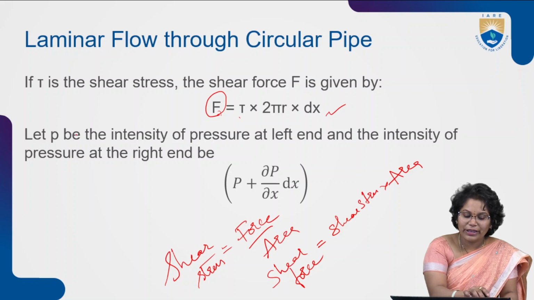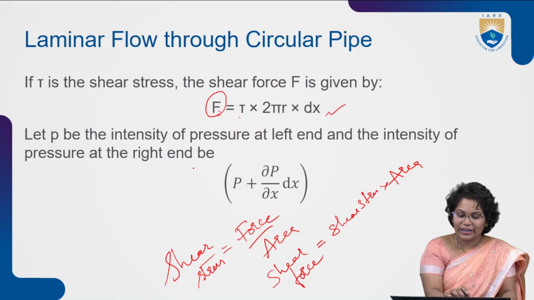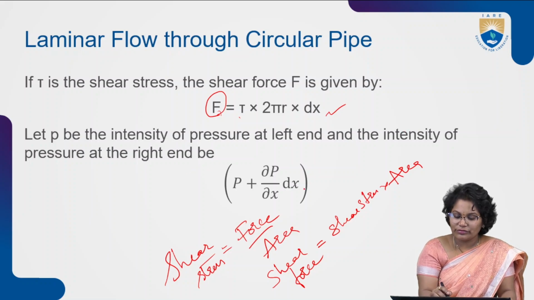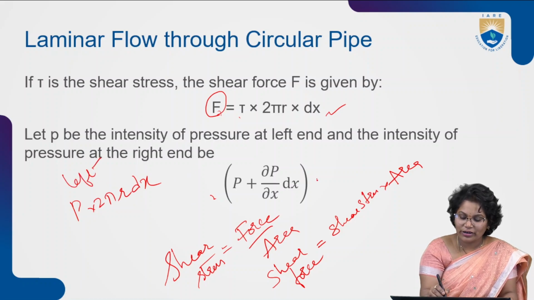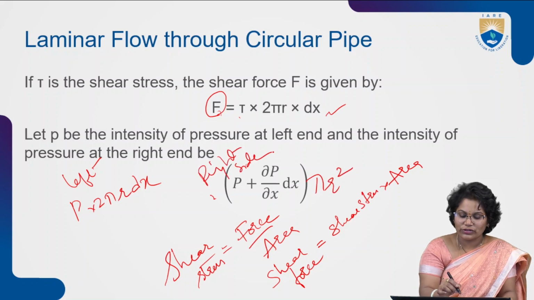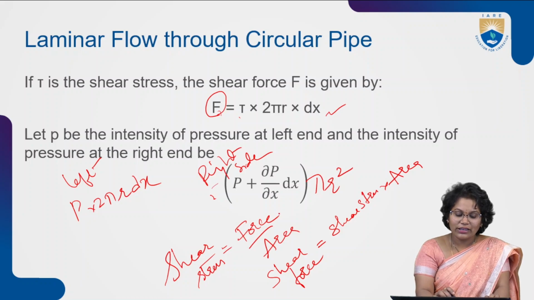And here let P be the intensity of the pressure at the left end and the intensity of pressure at the right end. This is the pressure force on the left side, P into pi r square, and this is the pressure force on the right side, P plus dou P by dou x into dx, times pi r square.